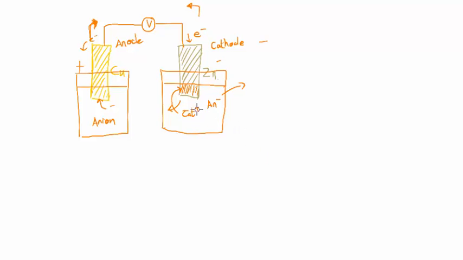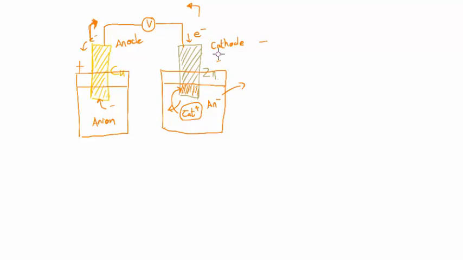Do you notice a cation is positively charged? Yes. Because this one has now extra electrons, I can come and get electrons from you. The cation is positively charged. The cathode is negatively charged, so the cation is attracted to it.